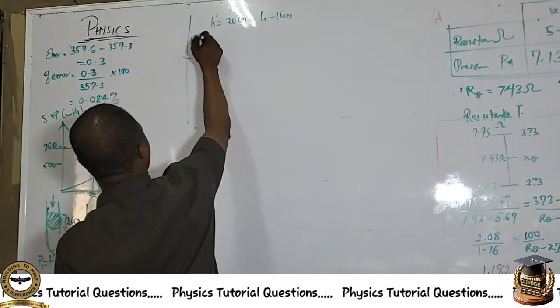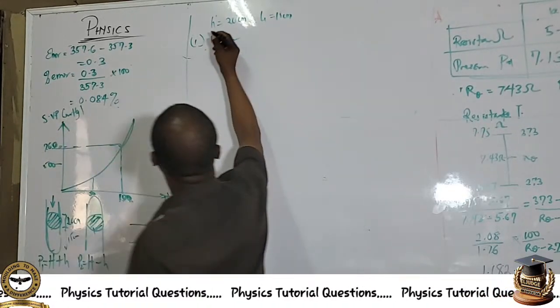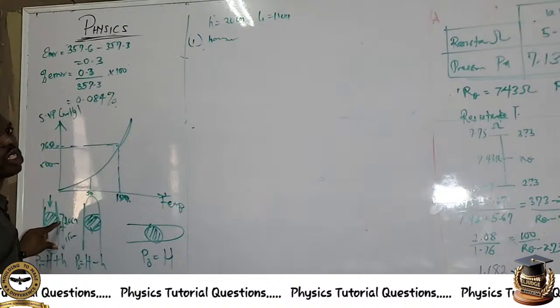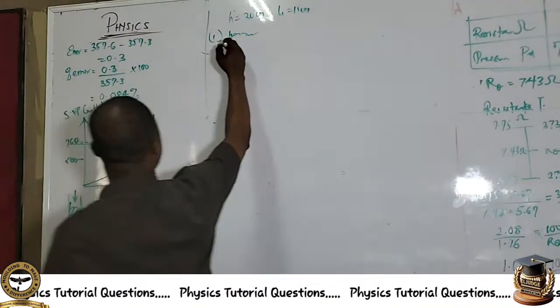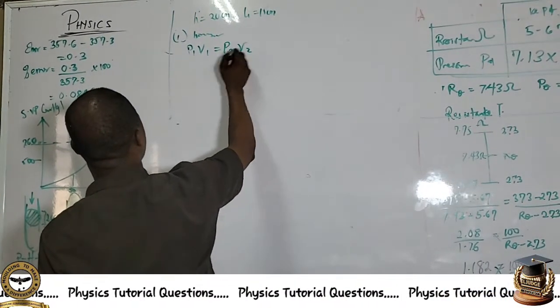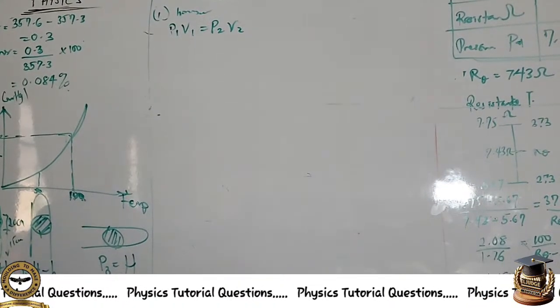So for case 1, when the tube is held horizontally, we can relate that this length is proportional to the volume. Since this length is proportional to the volume, we can say that P1 V1 equals P2 V2. What's our P1?